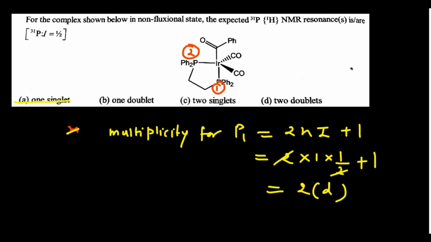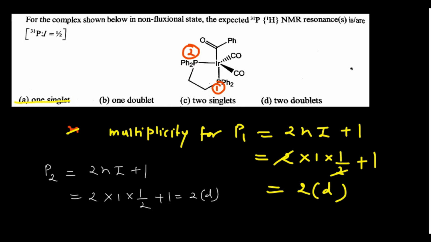Now go for the phosphorus 2. What I can do, I can calculate for phosphorus 2 the multiplicity P2, and the formula is 2nI plus 1, and again you see 2, the number of the phosphorus of the other type is 1 only, I is half plus 1, that is 2, and again you are getting the doublet.